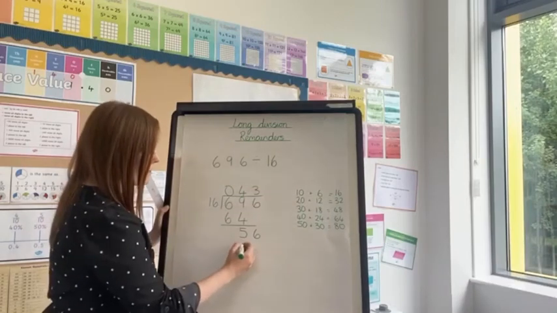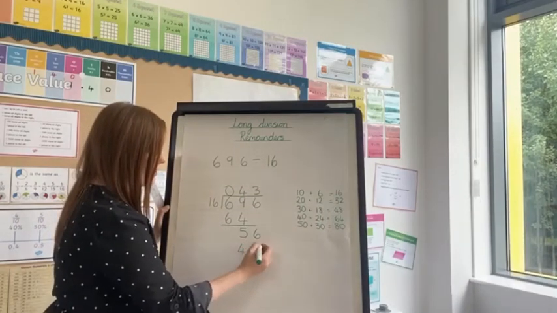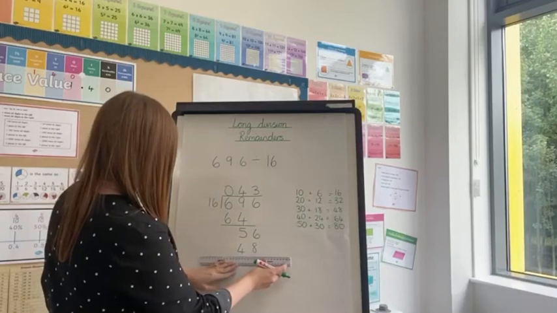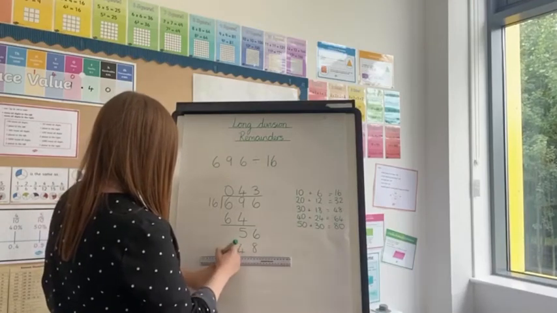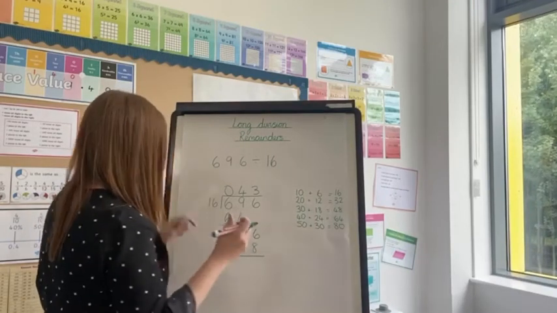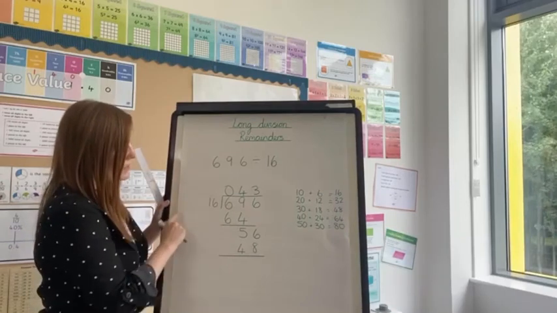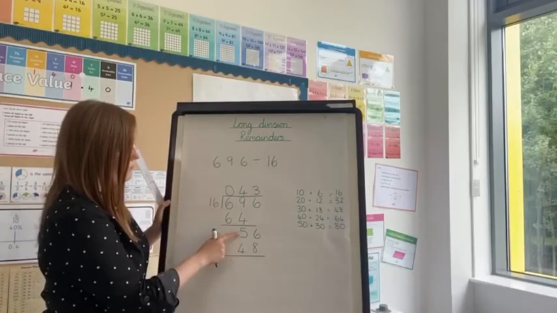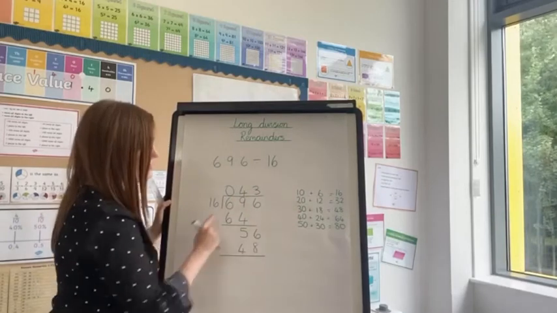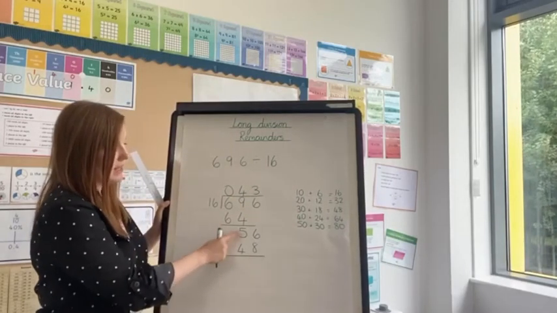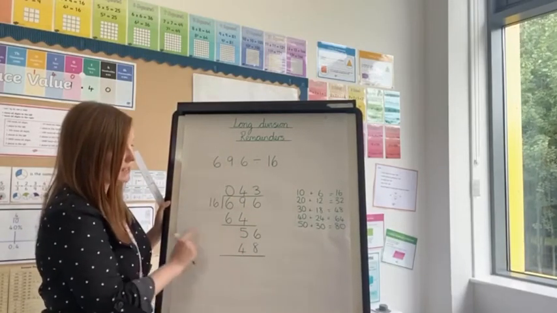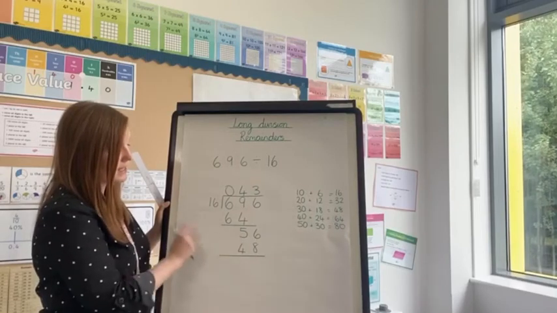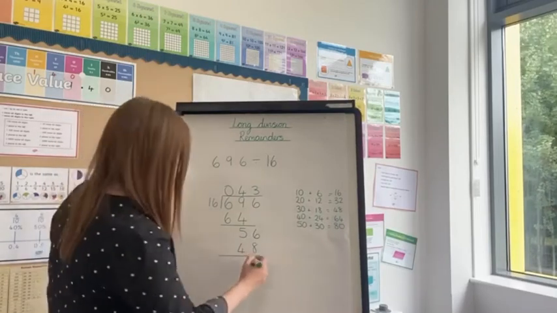I put my 48 underneath. Let's find the difference between 56 and 48. 56 take away 48 is 8.